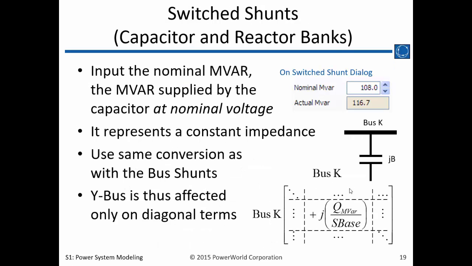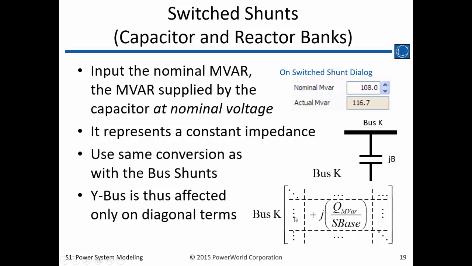For a switch shunt, it's very similar to a bus shunt in terms of how it's modeled and where it goes in the Y bus. You again input the nominal megavar value, which is the megavar supplied by the capacitor at nominal voltage, or 1 per unit voltage. It represents a constant impedance, so we use the same conversion as we do with bus shunts. We just divide the nominal value by the S base, and that gives us the nominal admittance for the switch shunt.